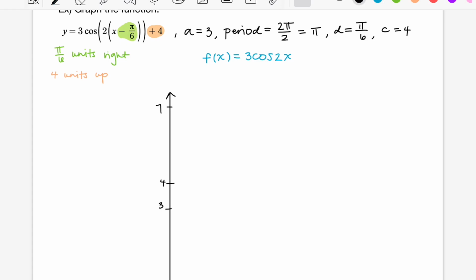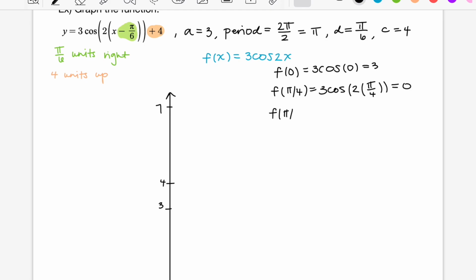So first, let's evaluate this guy at f of 0. Doing so, we'll get 3 times cosine 0, which is going to be 3. Evaluating at pi over 4, we'll get 3 cosine 2 times pi over 4. In this case, we'll get 3 cosine of pi over 2, so this will give us 0.